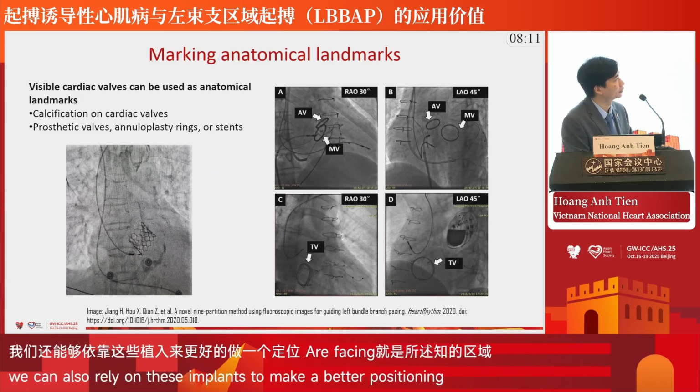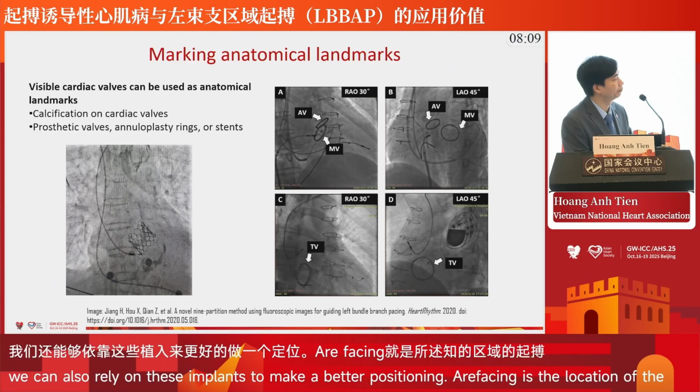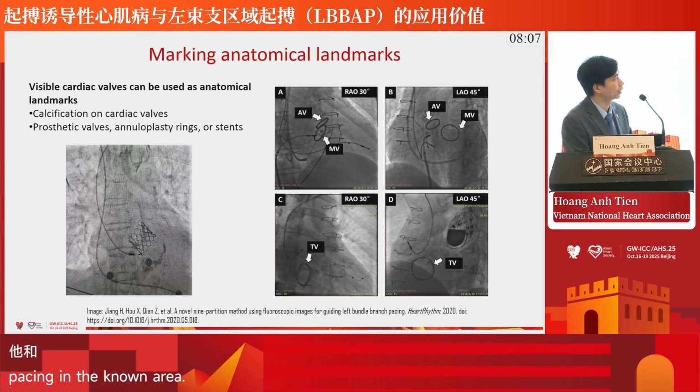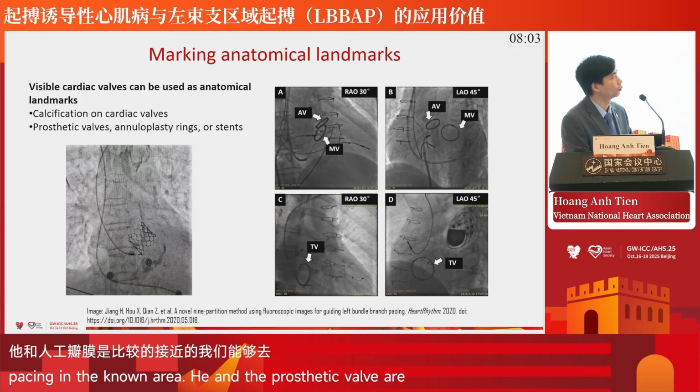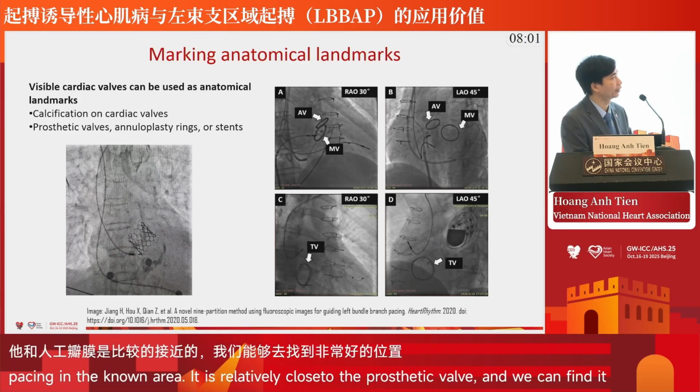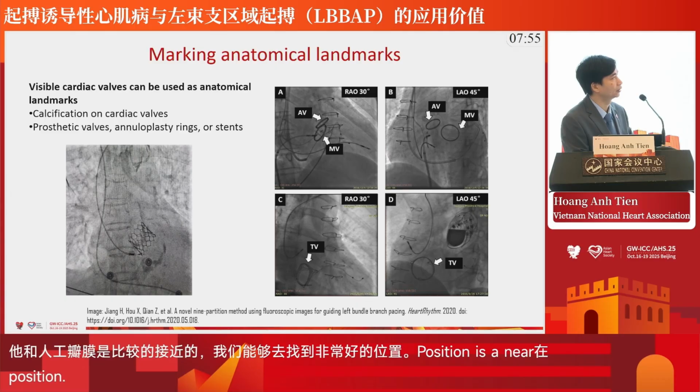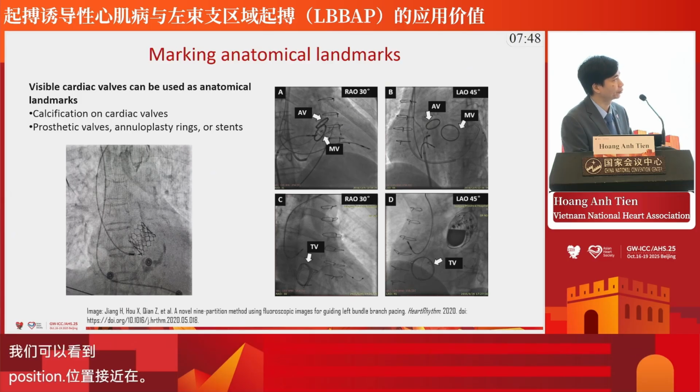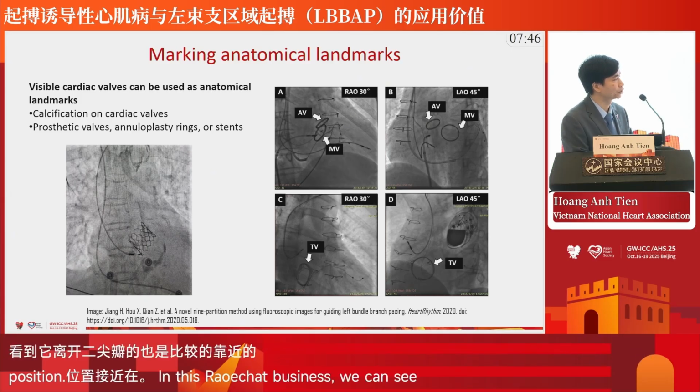Also with the mechanical valve, we can find the position in the right anterior oblique, near the mitral valve. And with another projection, we can see the position of the left bundle branch area pacing in relationship to the valve structure.